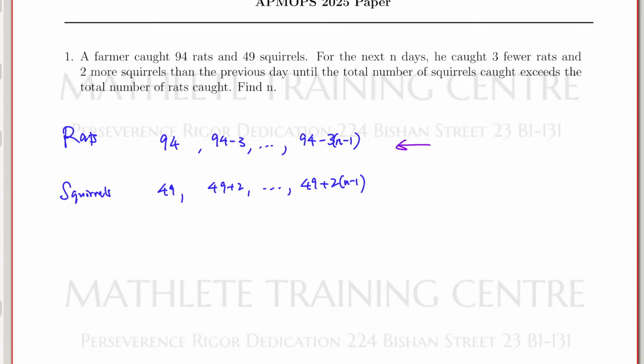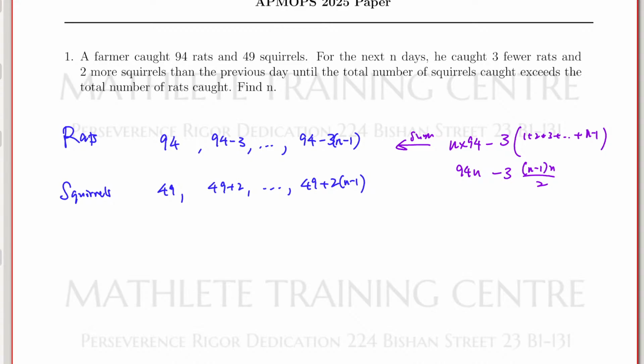If I take a look at the sum here, I'll have n times 94, but I also have minus 3 times 2, minus 3 times 3, and so all the way to minus 3 times (n minus 1). So that's minus 3 times (1 plus 2 plus 3 all the way to n minus 1). That equals 94n minus 3 times (n minus 1) times n over 2.